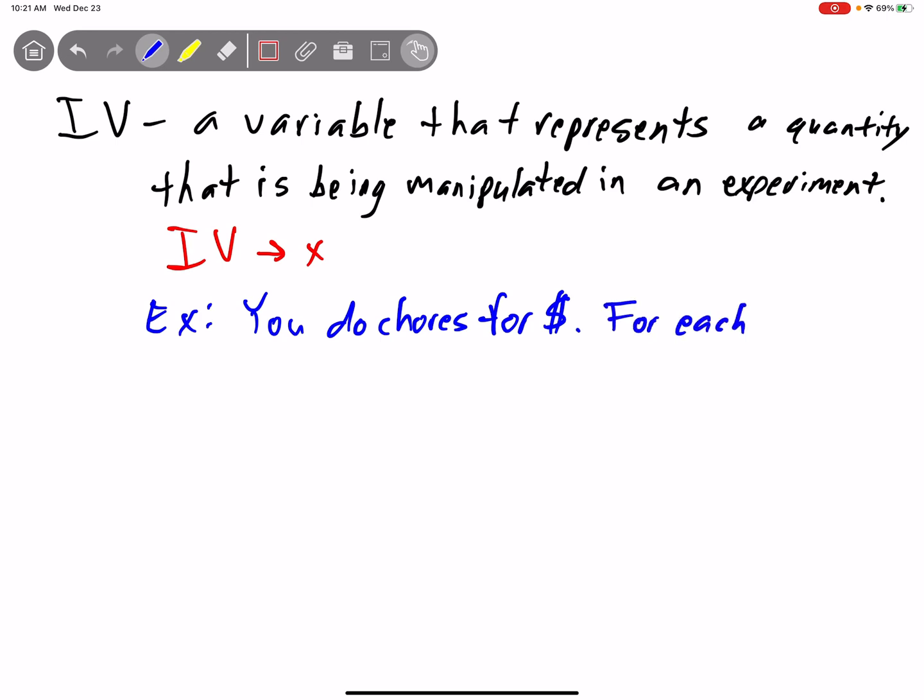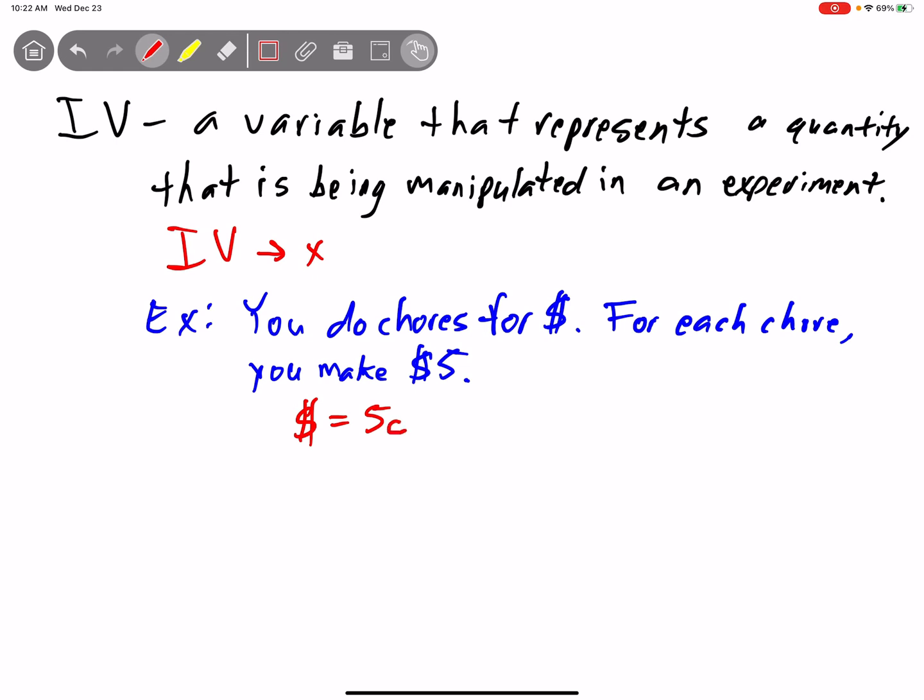For each chore, you make $5. So if you do chores for money or an allowance, and for each chore you earn $5, then if I think about this as a mathematical equation, the amount of money you make is equal to 5, which is how much you're getting per chore.